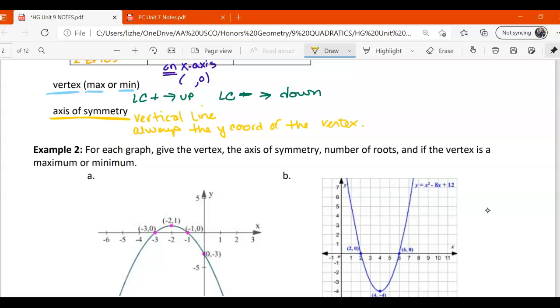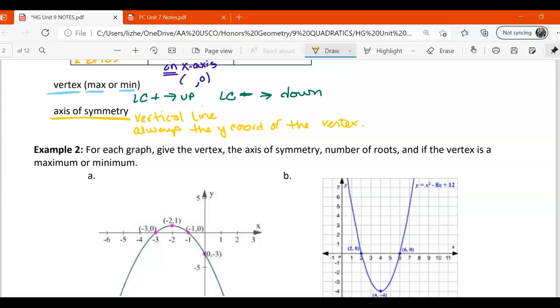And so you would write your equation as y equals -4, like in this case, y equals -4. And it is always halfway between two roots. Now remember, roots are also the solutions or the x-intercepts.